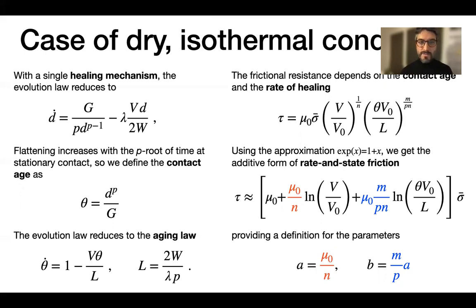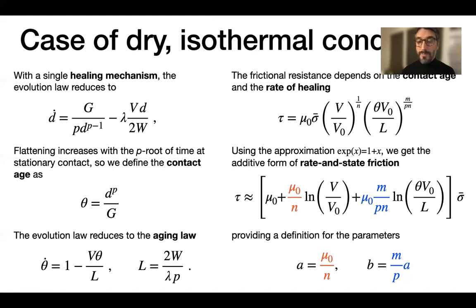And when we do this, the evolution law simplifies to the aging law in closed form. And that provides an estimate for the characteristic weakening distance, which scales with the width of the gouge, and also the characteristic strain for contact rejuvenation.